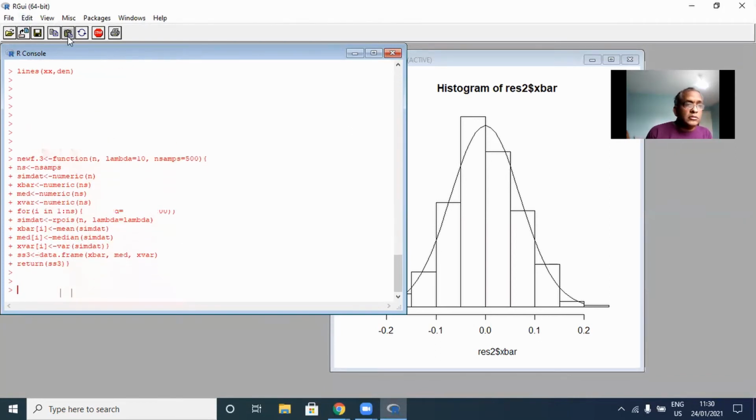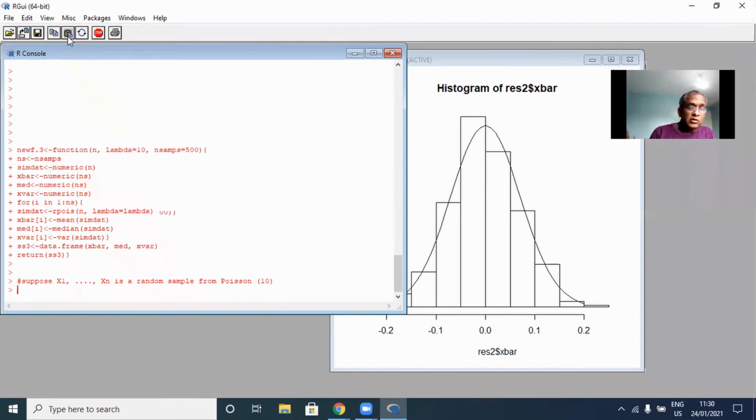Suppose you have a random sample x1 to xn from a Poisson distribution with lambda equal to 10.